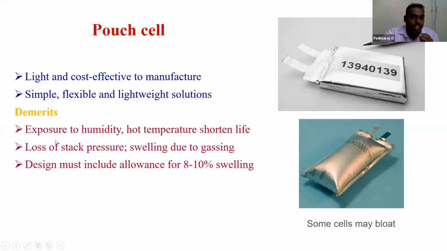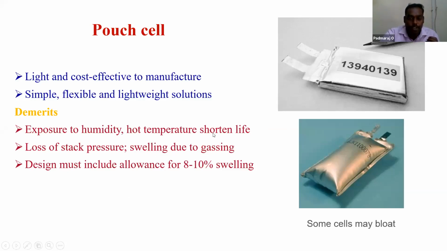What are the demerits here? Exposure to humidity, hot temperature, and short life. Since we use aluminum foil to cover the battery, there is a possibility of exposure to humidity, that is, to the normal atmosphere. That is the demerit.